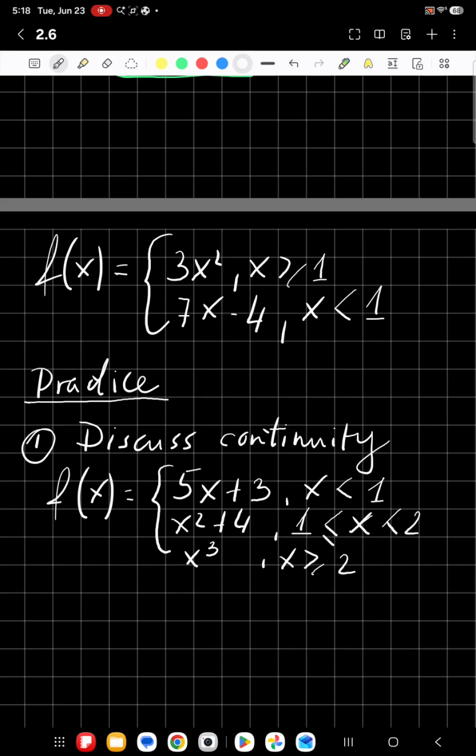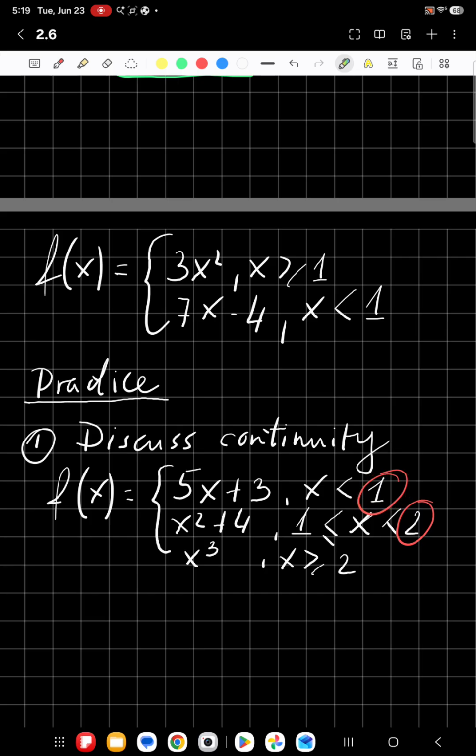So we have those two values for x that are suspicious. So you just need to check the first point where the function can be discontinuous, the first x, which is 1.